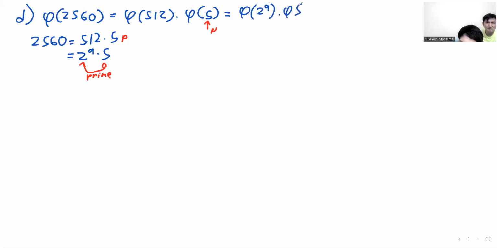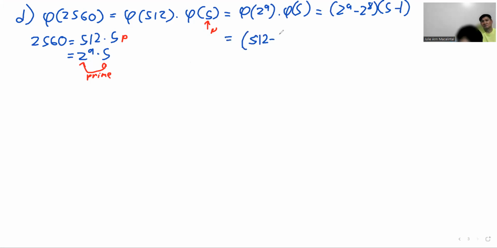We're back to the same situation. Now it is 2 to the ninth minus 2 to the eighth, times 5 minus 1, times 4.